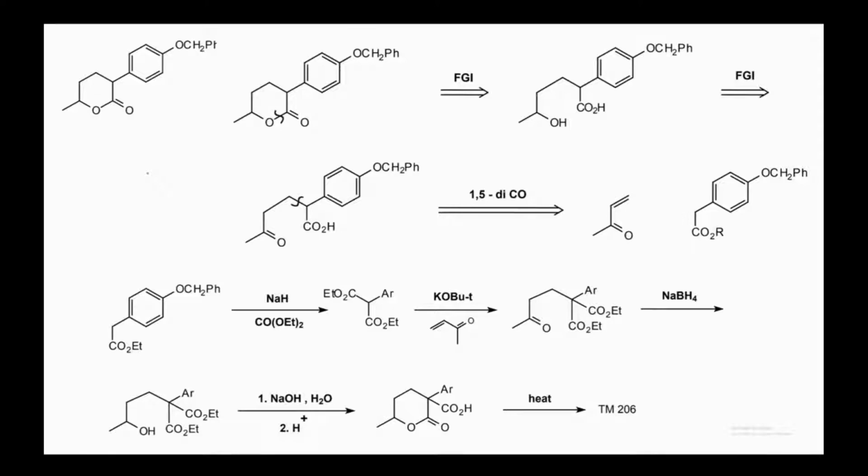When the ring opening takes place, then do FGI to give you the alcohol and the carboxylic acid on the other side, and then you do the FGI, you convert OH into the ketone and acid.